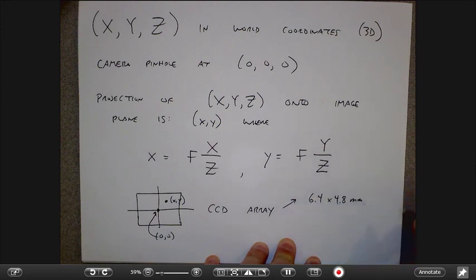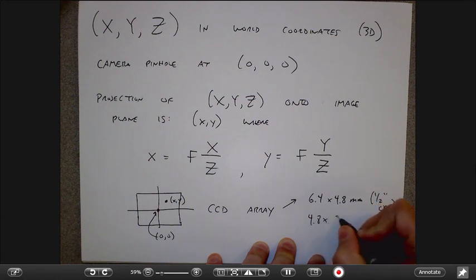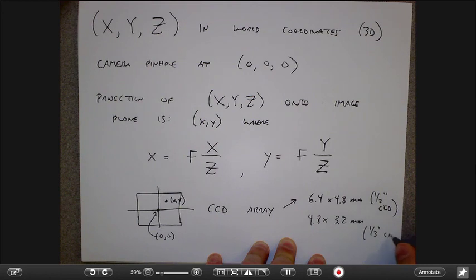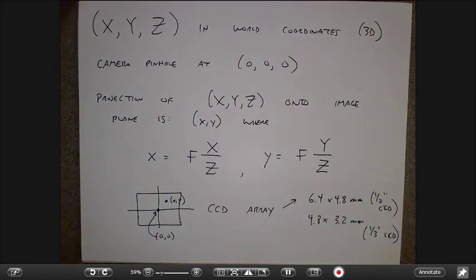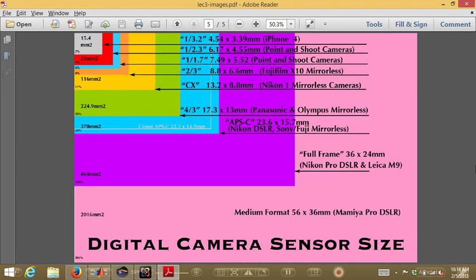So for example, 6.4 by 4 millimeters is what's called a half-inch CCD, and then 4.8 by 3.2 millimeters is what's called a third-inch CCD. And you can find pictures like this that kind of tell you how big the CCD array is on different systems, right?